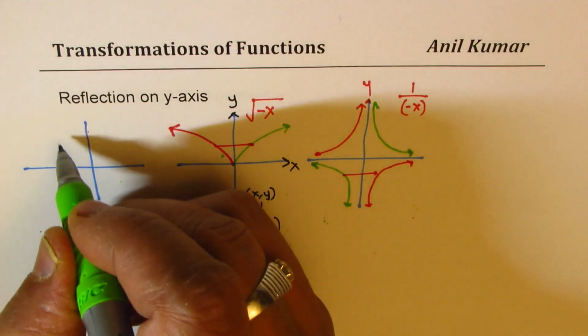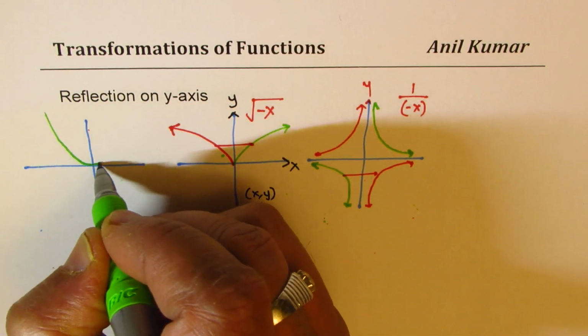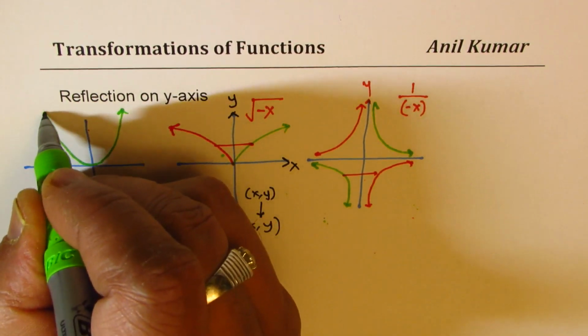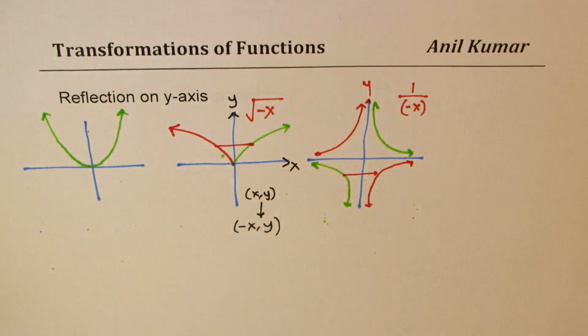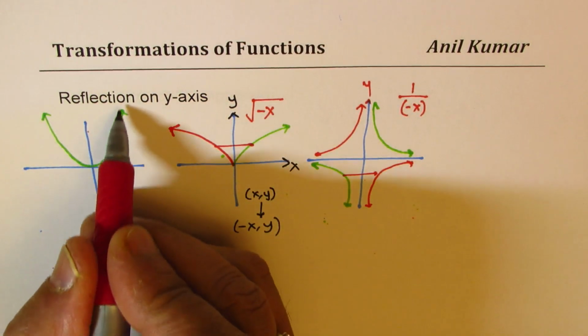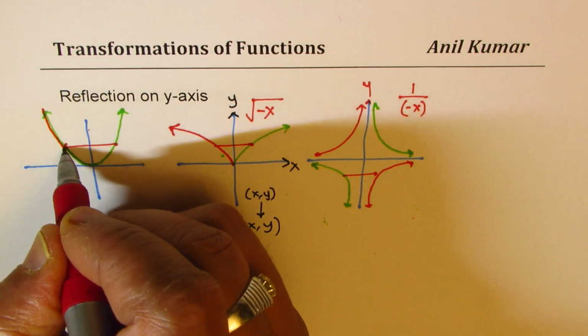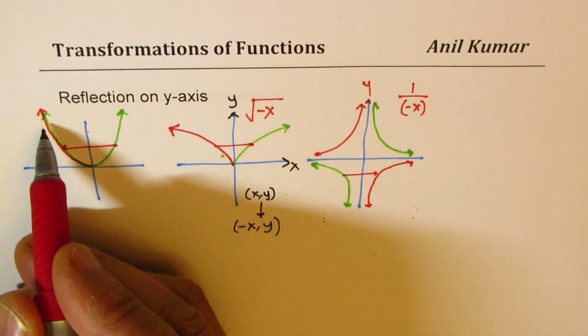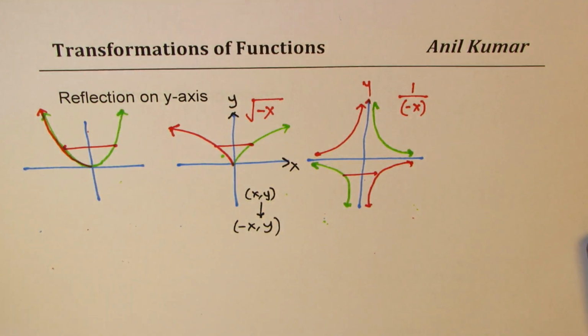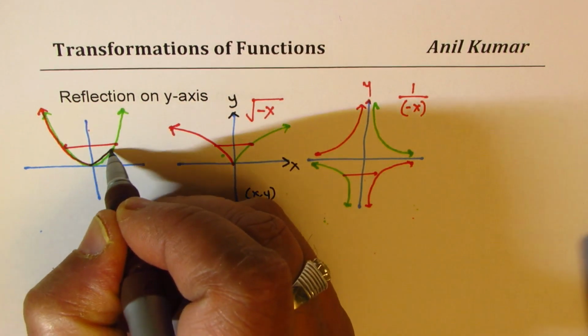Now let's look into the parabola. Now this is an even function. Now this is very typical. When I reflect this side on the other, it kind of overlaps. Do you see that? And the reflection of this, let me use another ink just to show you, the reflection of the left side overlaps the right side.